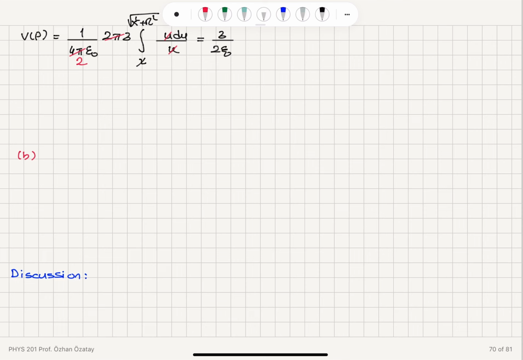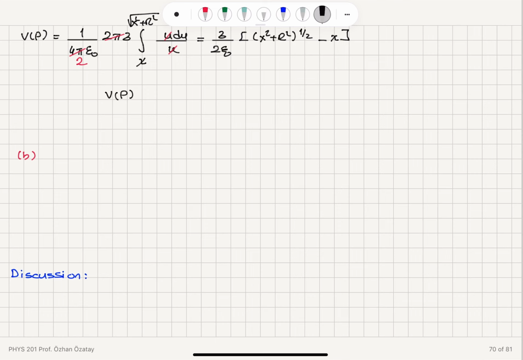What is the integral of du? It is just u. So u maximum is square root of x squared plus capital R squared, minus u minimum, which is x. So this integral gives me u, and I just need to evaluate at the limits. So I can write my final answer.